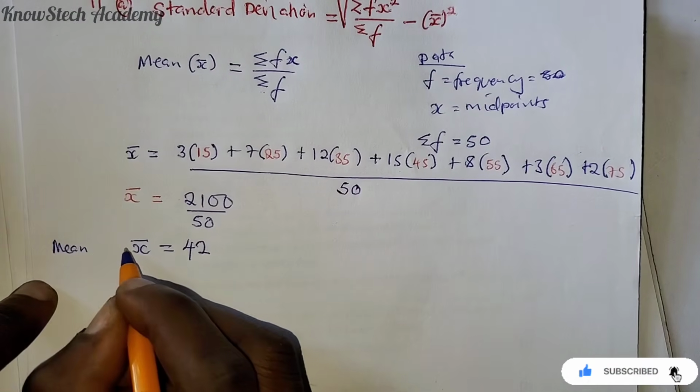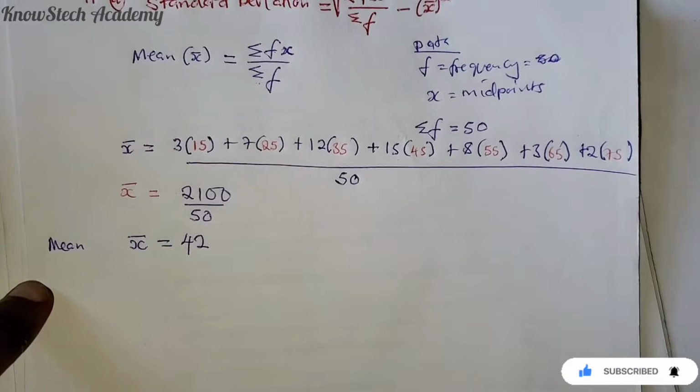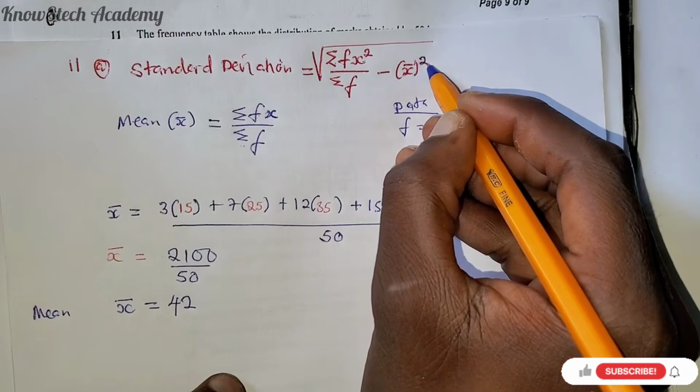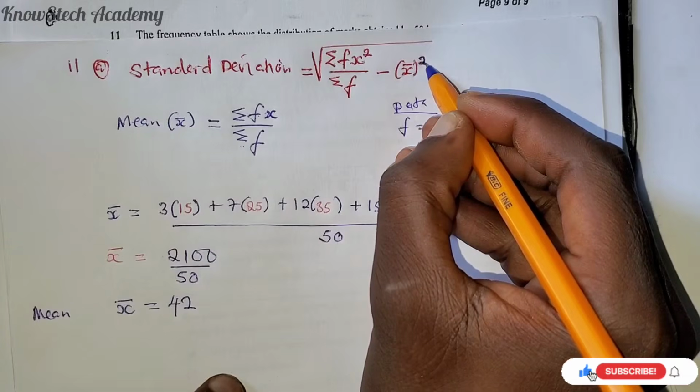This is the mean. Now when you look at the formula here, there is this one which is squared.